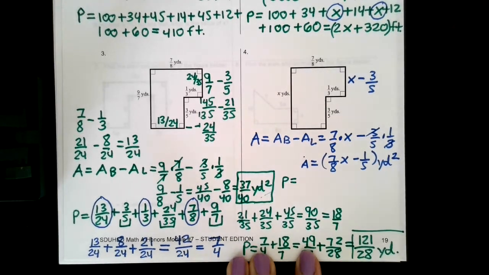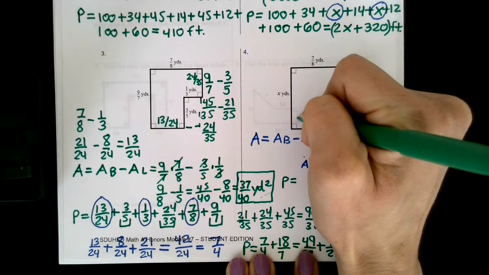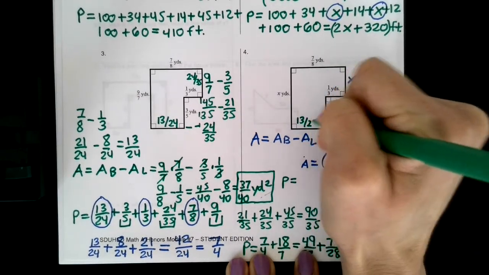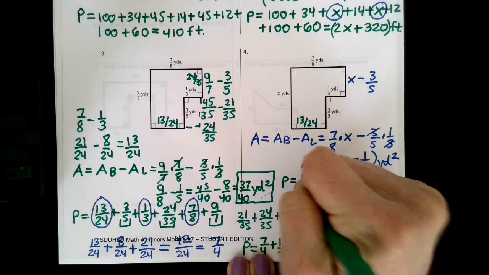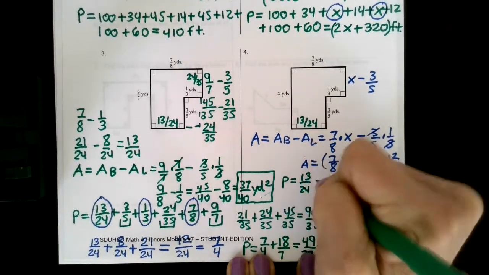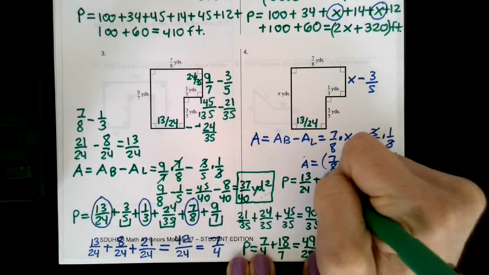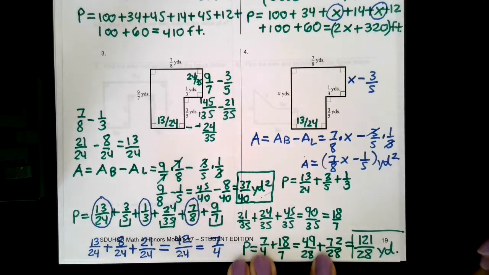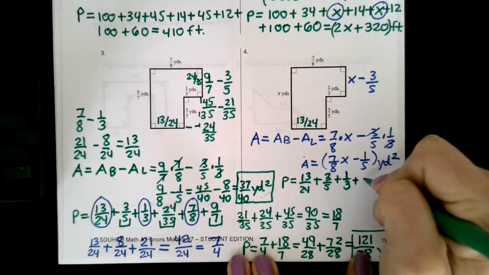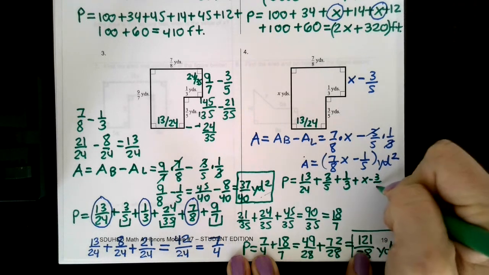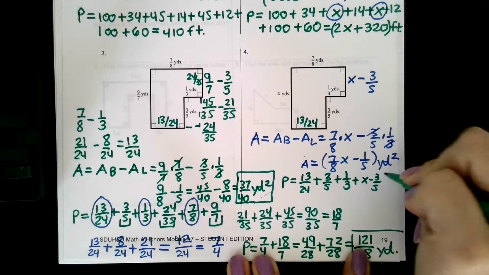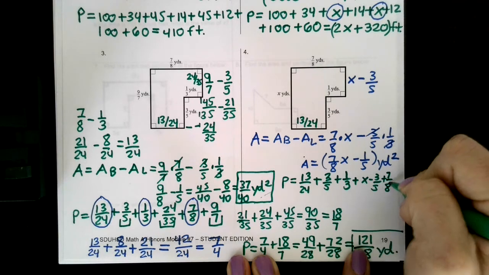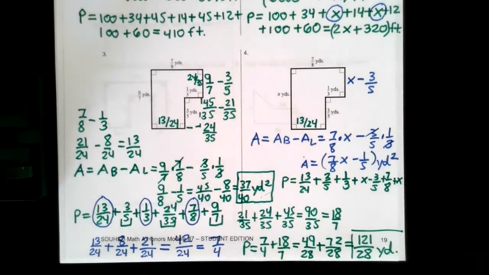For the perimeter, we are going to add up all of our lengths again. This length is still 13 over 24. So I have 13 over 24 plus 3/5 plus 1/3 plus x minus 3/5 plus 7/8 plus x.